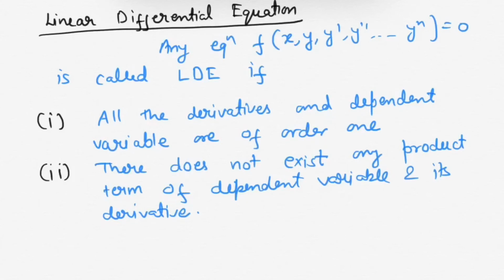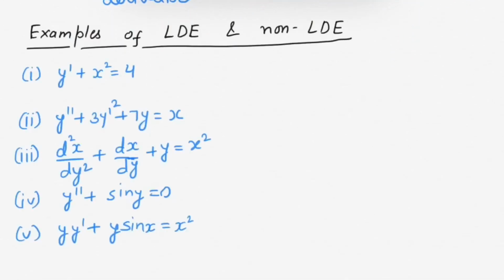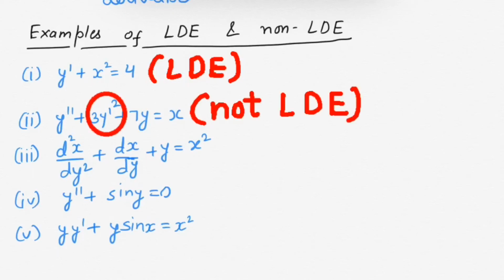Now let us see some examples which will make your concept more clear. In the first example, this is linear differential equation because it fulfills both the conditions. And the second example is not linear differential equation because order of y prime is 2, which is not linear.